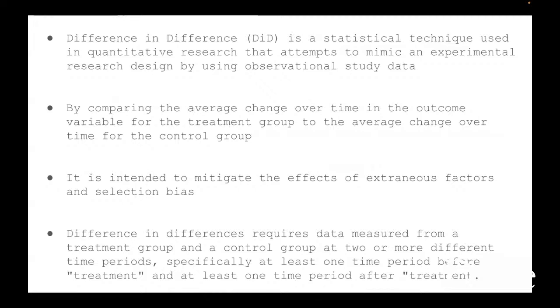You can also do difference in difference using observed data. It is used to test if the intervention we have is the one that caused the effect we see. We do it by comparing the average change over time in the outcome variable for the treatment group and the average change over time for the control group.